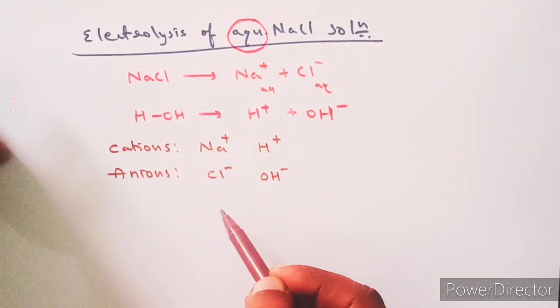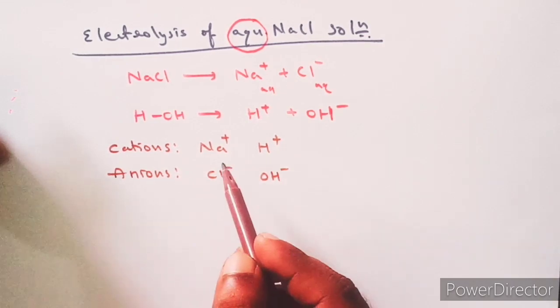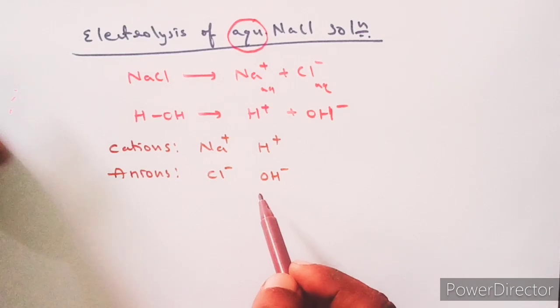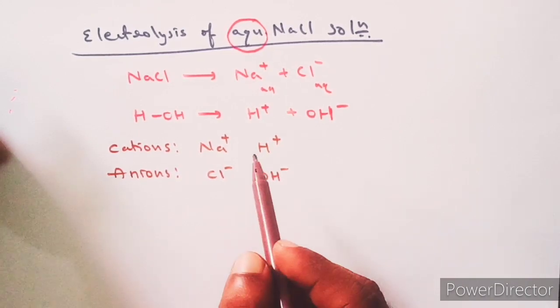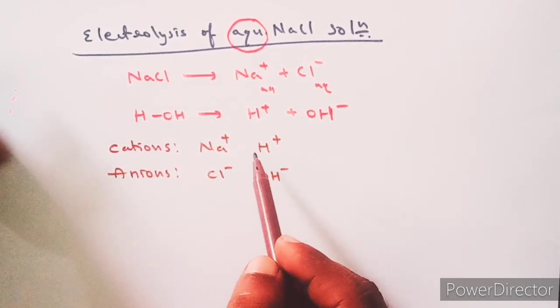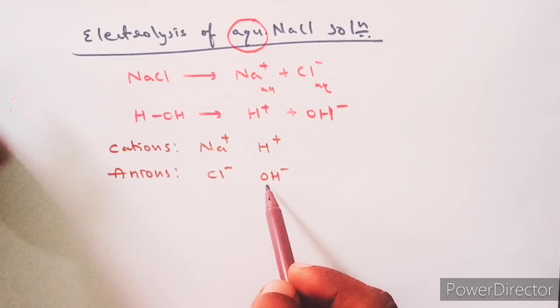Whatever the number of cations, only one cation will undergo reduction at the cathode, and whatever the number of anions, only one anion will undergo oxidation at the anode. Here there are two cations and two anions. Then which cation undergoes reduction at the cathode and which anion undergoes oxidation at the anode? This is our question.